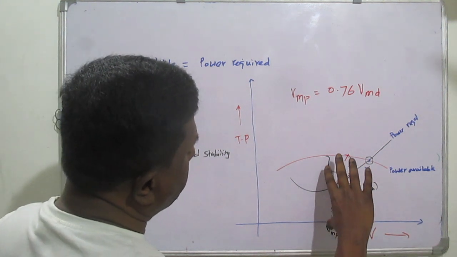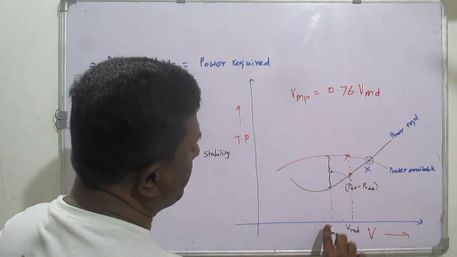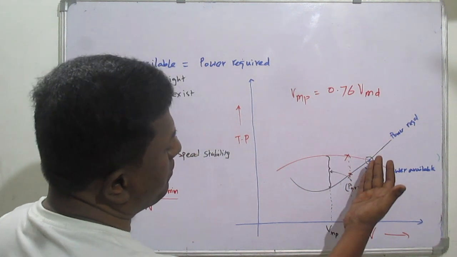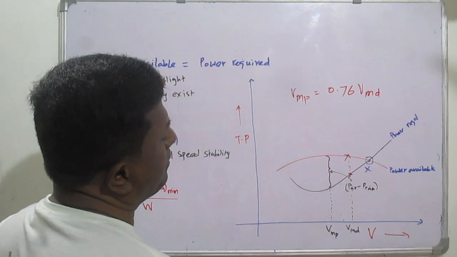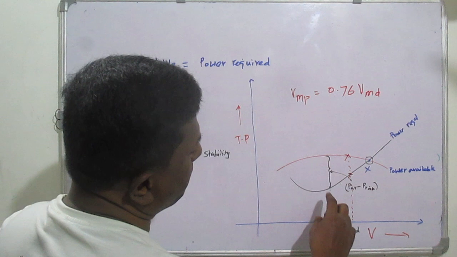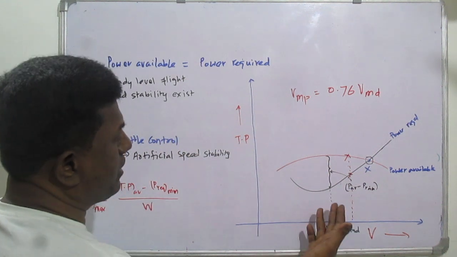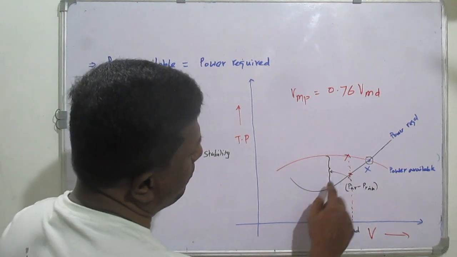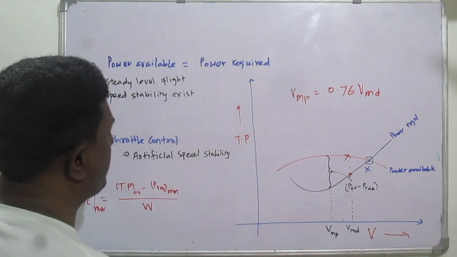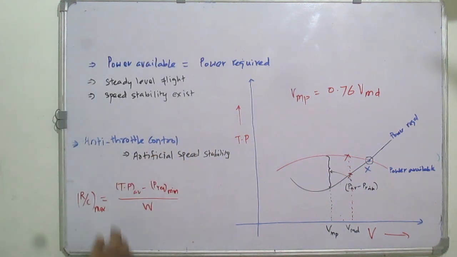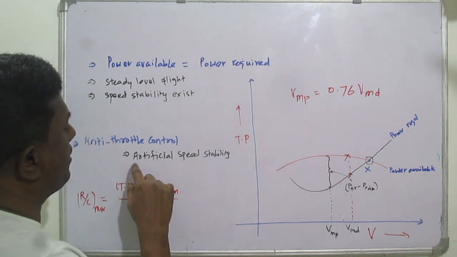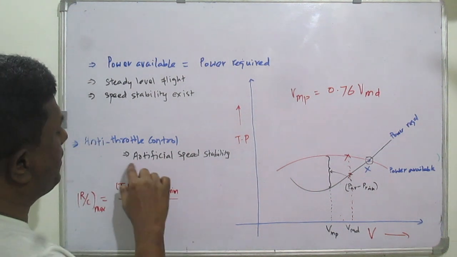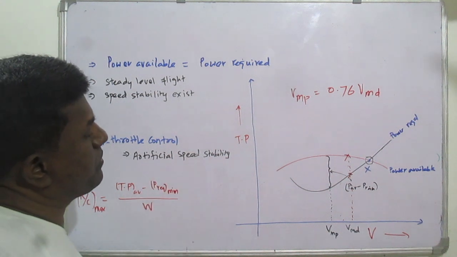So if you want to fly with the maximum rate of climb conditions, even though a problem of speed stability arises, we can still go with the minimum power conditions by using the anti-throttle control. By using the anti-throttle control, indirectly we are achieving artificial speed stability.